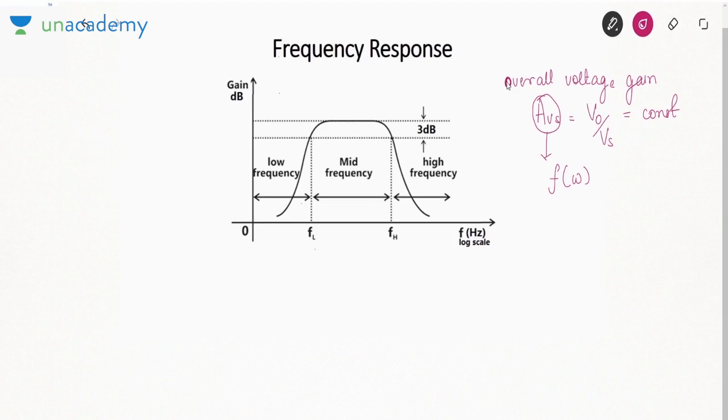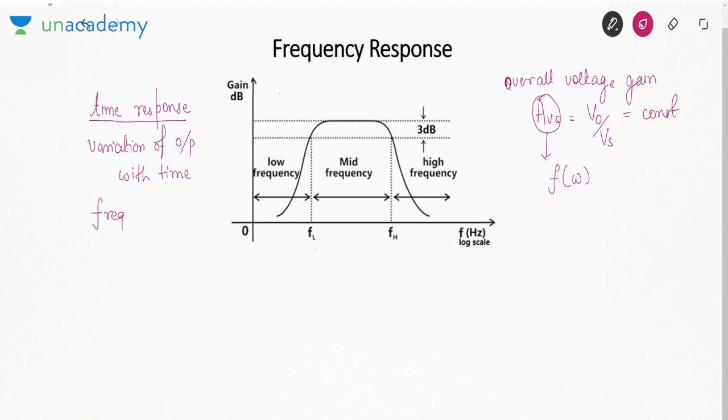When we talk about response, there are basically two types of response. One is called time response, which means the variation of output with time. That is, as the time changes, how the output will change.